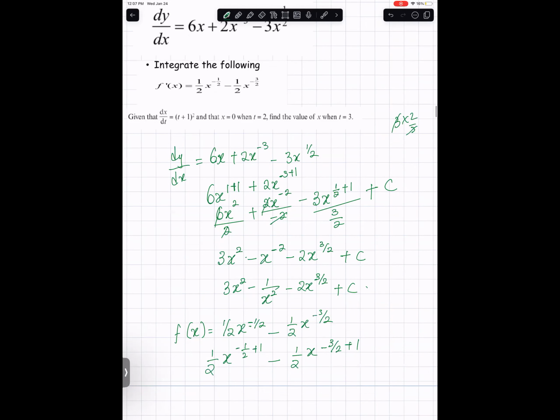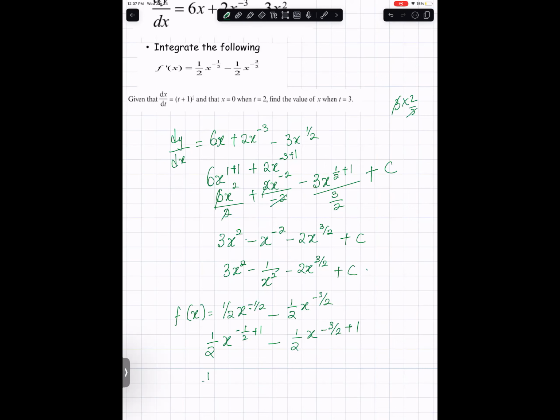So let's add what we have here. I have 1 over 2 into x to the power of minus half plus 1 will give us half. So that means we'll divide this equation also by half.